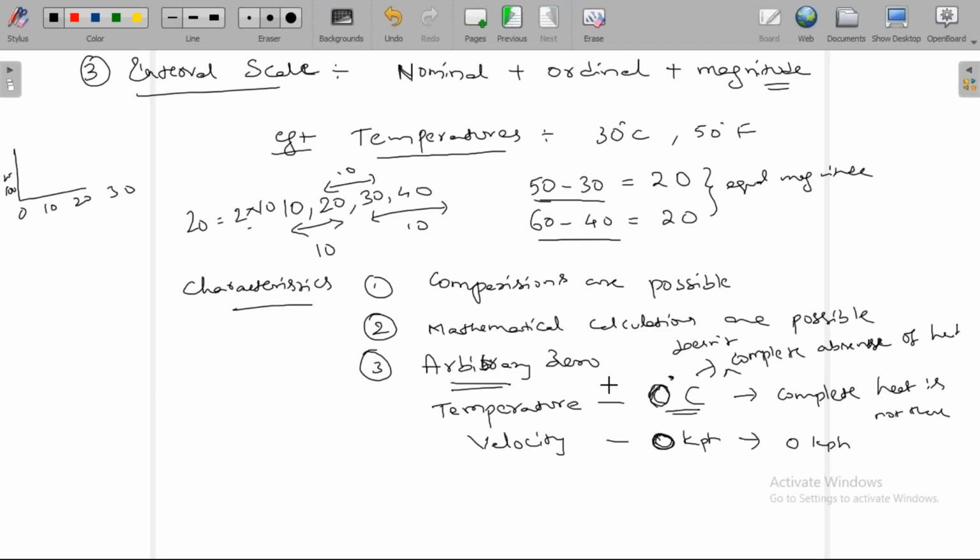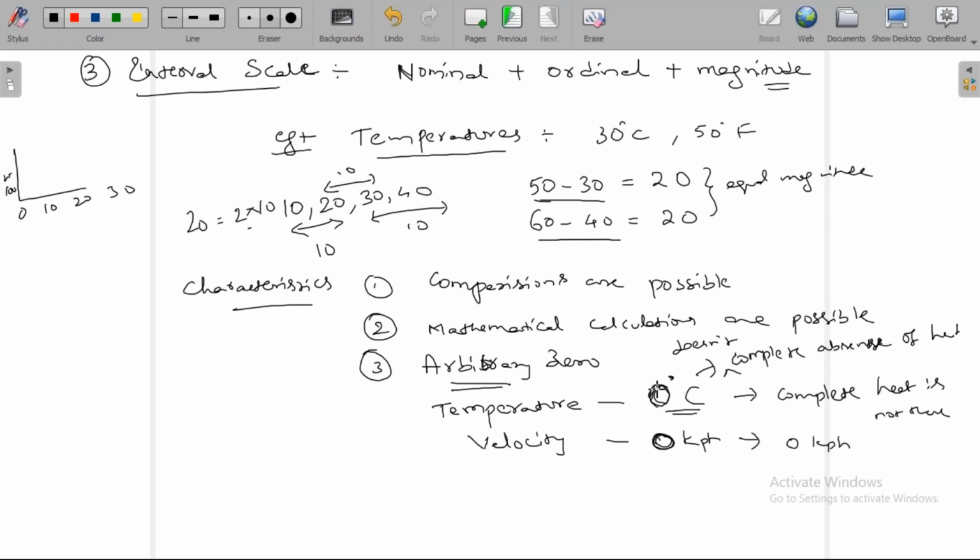Age, money, currency, all these are absolute numbers, and they can be absolutely zero also. You cannot have arbitrary zero. That is what is meant by ratio scale.